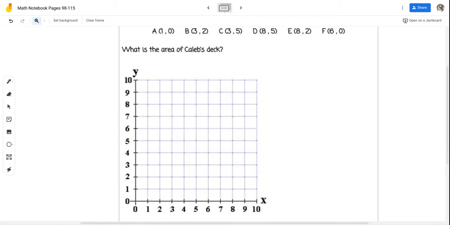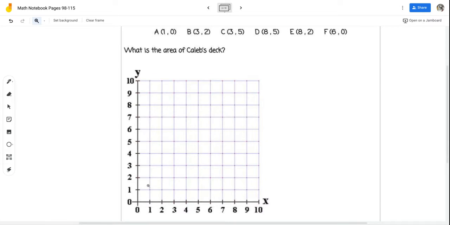I'm going to scroll down a little bit so I can see those points and graph those here. Starting off, let's use red. Starting off with A, which is 1, 0. So 1 on the x-axis, 0 on the y. There's A right there. A is done. Let's go to B, 3 and 2. So 3 on the x-axis, up to 2 on the y. There's B. C is 3 and 5, so up to 5.